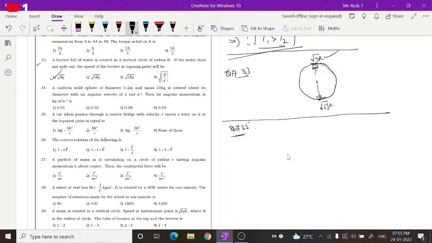If there is a convex bridge, let me draw this a little.